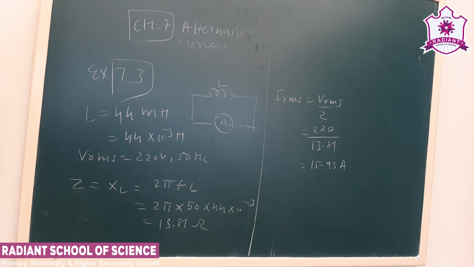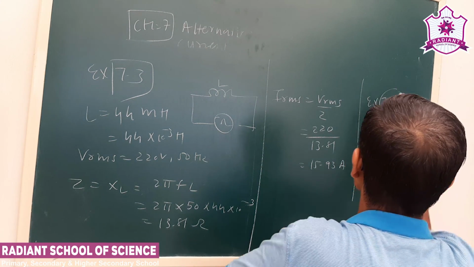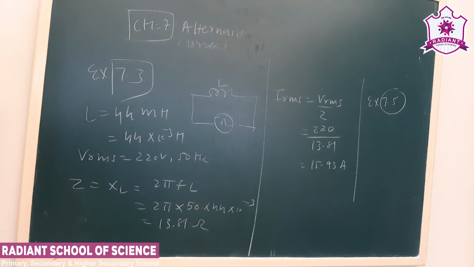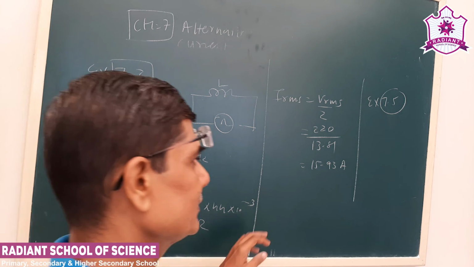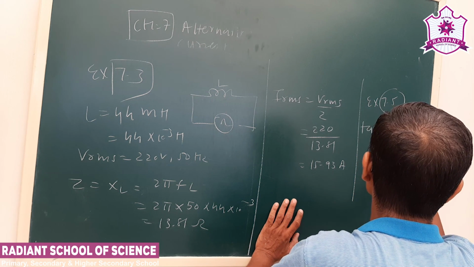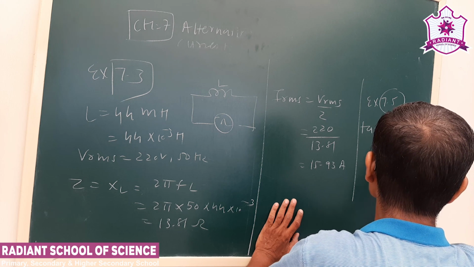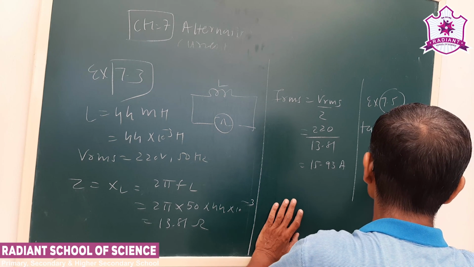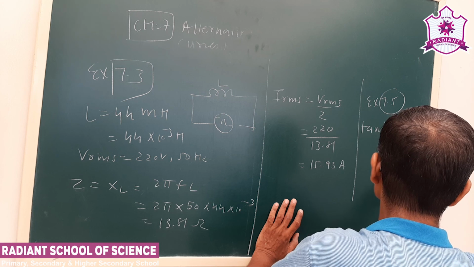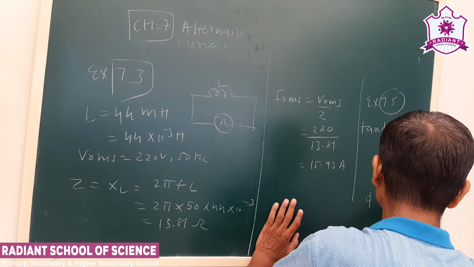Now see our next example, that is 7.5, which is related to this sum. They ask what will be the power in the circuit with only an inductor. See the relation, tan phi is XL over R. Here XC is 0, R is 0, so tan phi is infinite, phi is pi by 2.